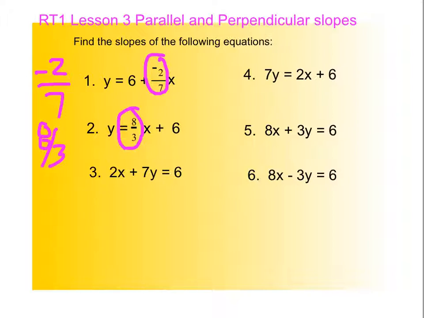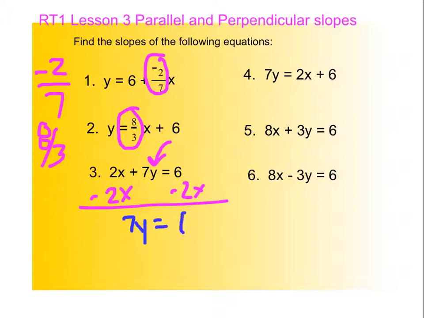Number 3 is a little more difficult because y is not by itself. So let's change the form of this equation by subtracting 2x from both sides of the equation. That leaves us with 7y on the left and 6 minus 2x on the right. We will divide each side by 7.